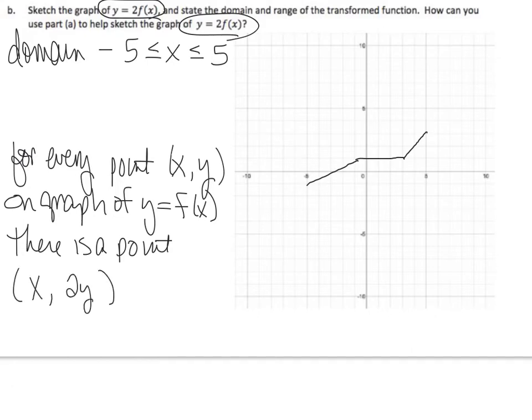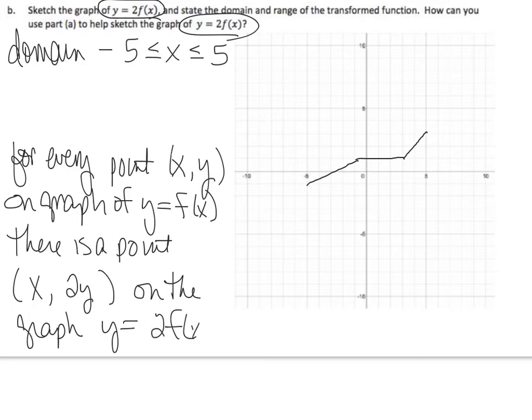That's a vertical stretch. I can change my y value to 2 times my y value on the graph of y equals 2 times f of x.